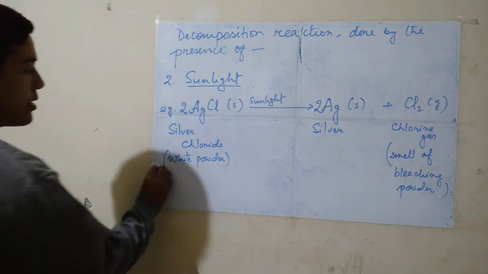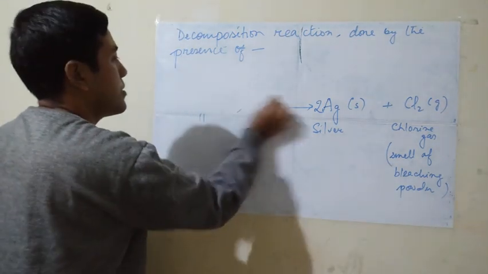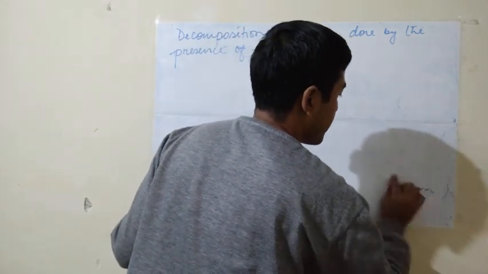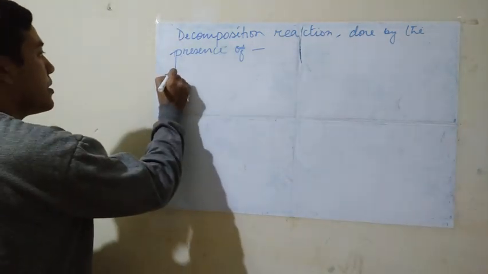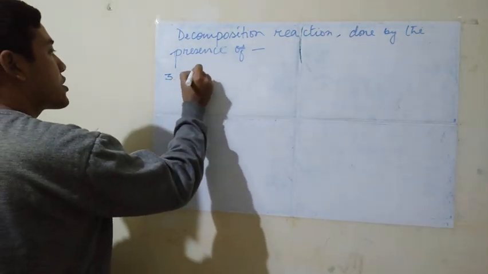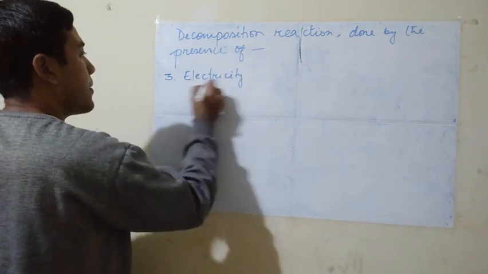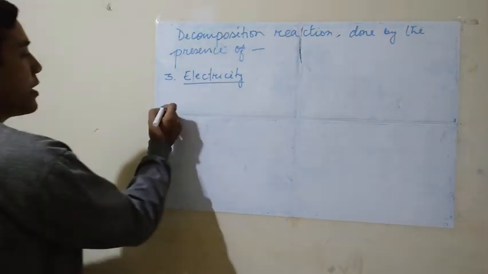Then next is the number 3. Number 3 will be the electricity. Electricity.